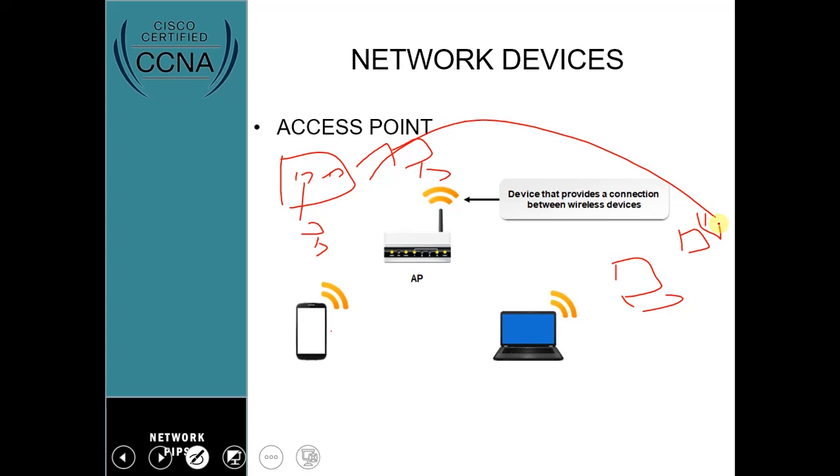So the only way you can do that is to purchase an access point, an AP, and have this mobile device connect to that AP, and it extends the wired network, giving access to your wireless devices, your mobile devices, on the network. So that's what an AP is, and that's how it works.